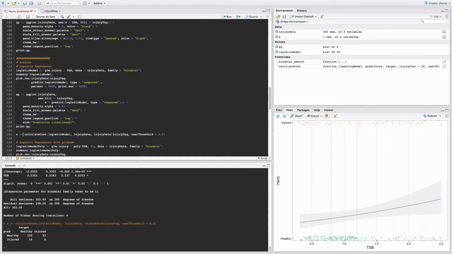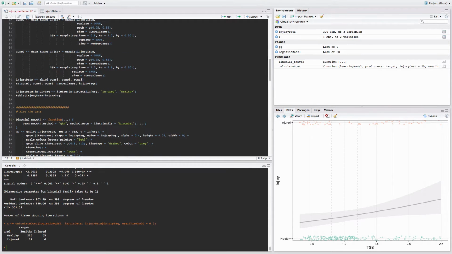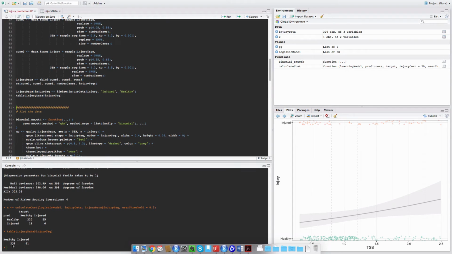At the top we have the real healthy athletes. So we have, if I remember correctly, 239. Let me just double check. So yes, we have 239 healthy athletes and 61 injured athletes in our data set.